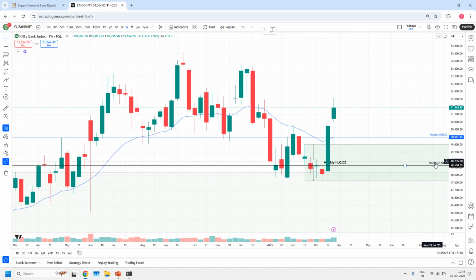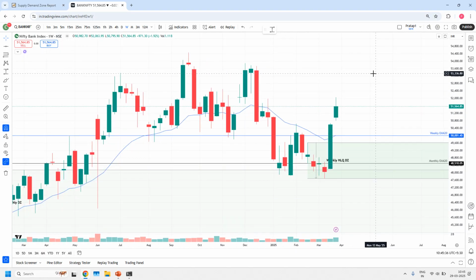See, here we have a monthly EMA line, and then here we have the weekly EMA line. And here also you see, prices almost came. Now weekly EMA, all these days prices were below the weekly EMA.